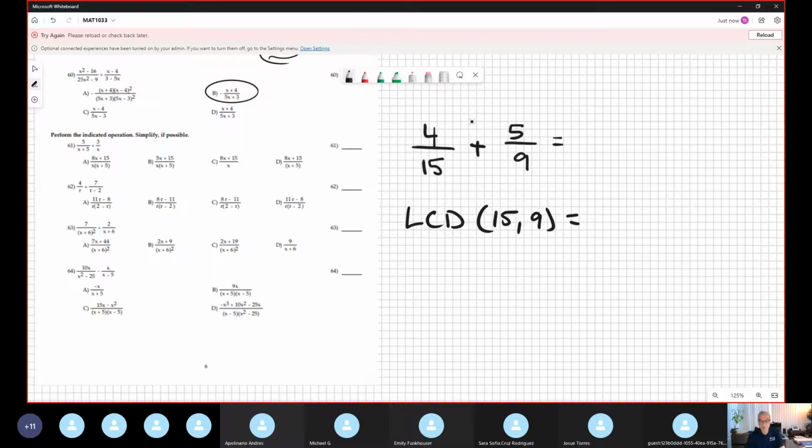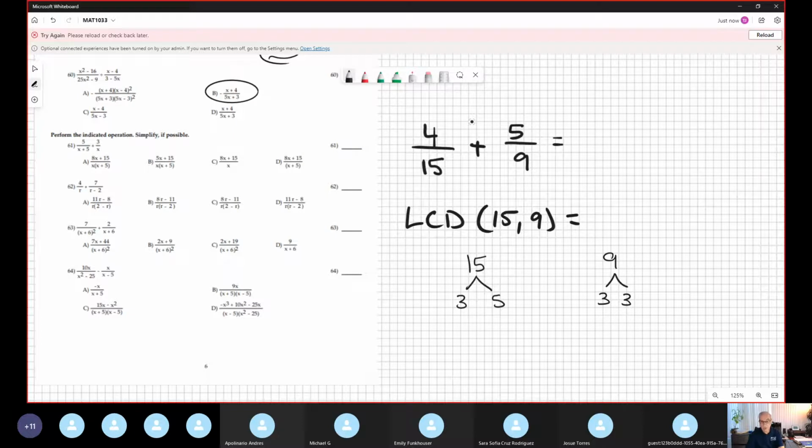The procedure, I explained one day, but I want to explain again. You take both numbers, 15 and 9, and break them down in prime factorization: 3, 5, and 3, 3. The rule to form the least common denominator is you take every factor involved in the problem.